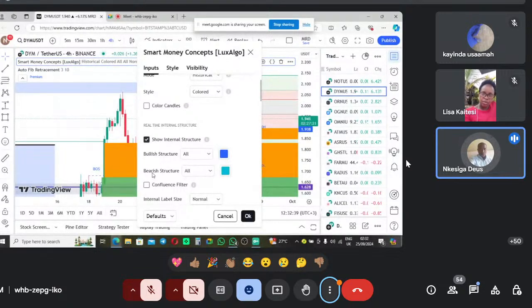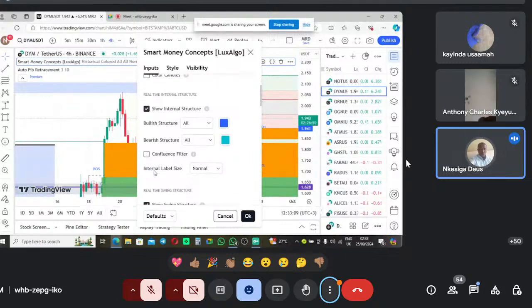Whenever you see bear, the market is likely to drop. And when you see bullish, the color that you used on bullish structure is representing bullish automatically. The market should respect it, and we move up.